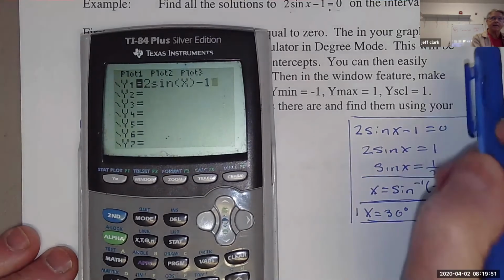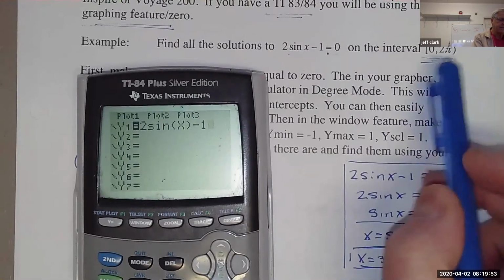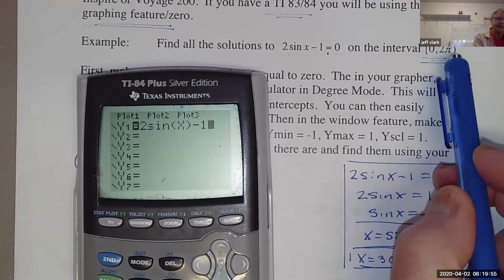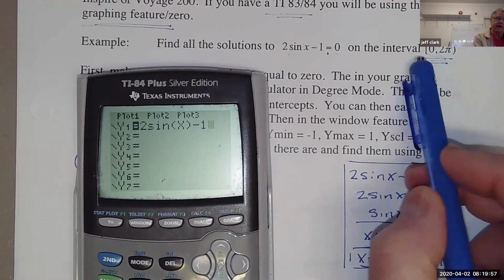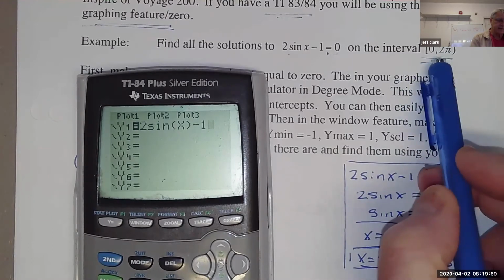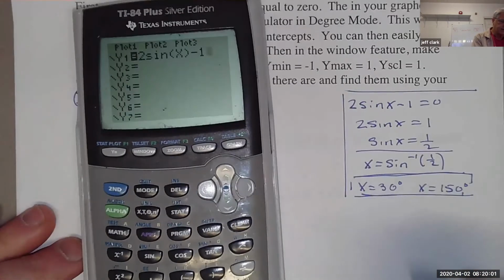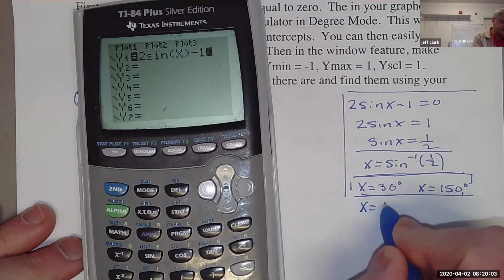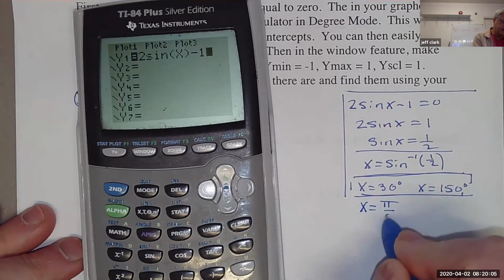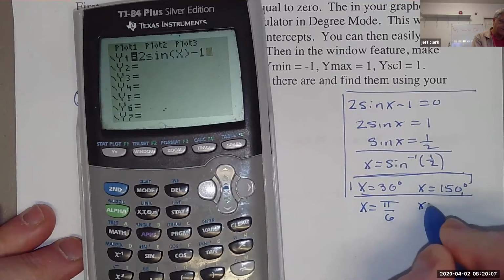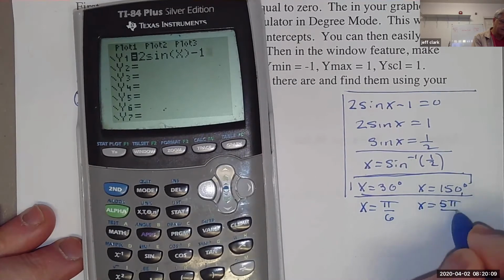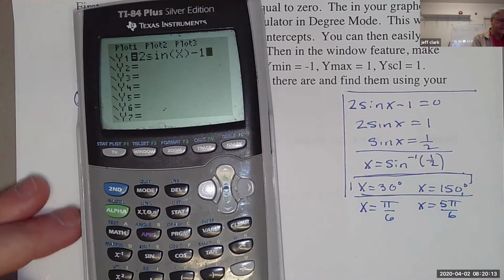And at the end, if on the multiple choice version of the test they're looking for the answers in radians, isn't it easy to convert this to radians, which is pi over 6, and then this would be x is equal to 5 pi over 6, I believe. That should be easy for you, and then you pick your answer on the multiple choice, not in degrees, but in radians.